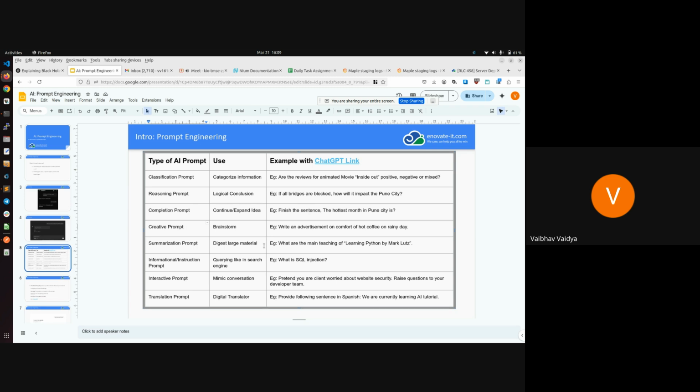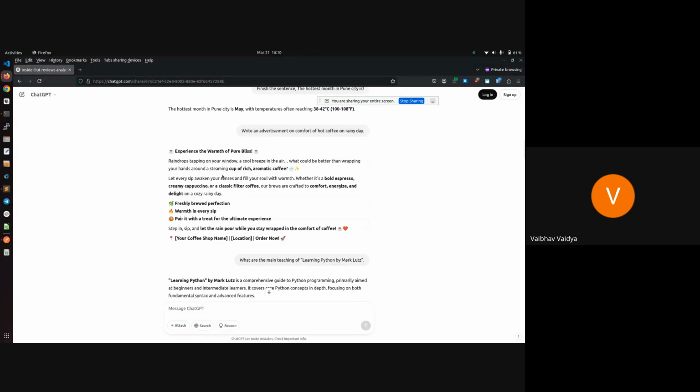In this case, the prompt that was given was an advertisement for hot coffee on a rainy day. So it has given us the points it has highlighted, that you get a rich aromatic coffee. Since it's an advertisement, it has also put in a placeholder for your coffee name, your location, and then an order now link.